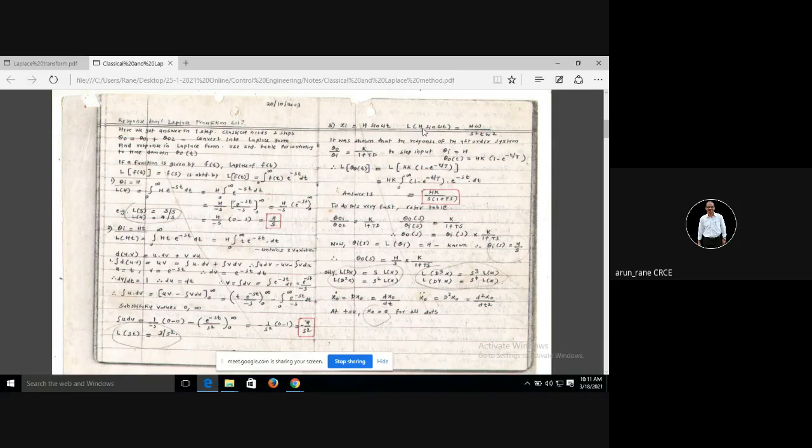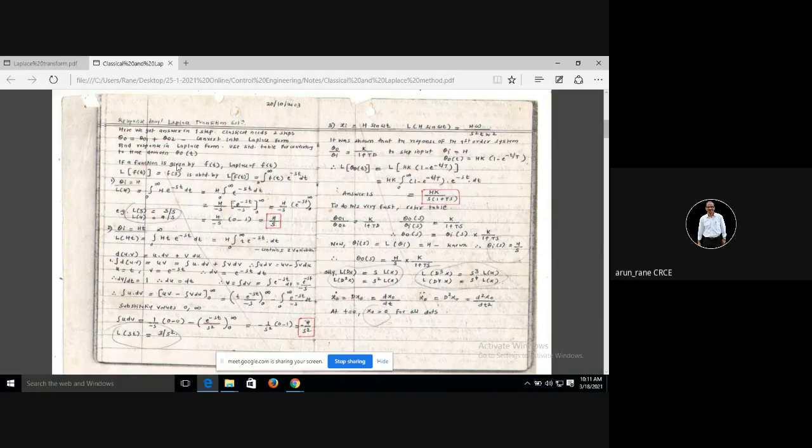The method is the same; you have to go by the definition. Finally, your Laplace will be hk upon s into 1 plus ts, where h is some magnitude, k is a constant, s is the Laplace operator, and t is a time period.